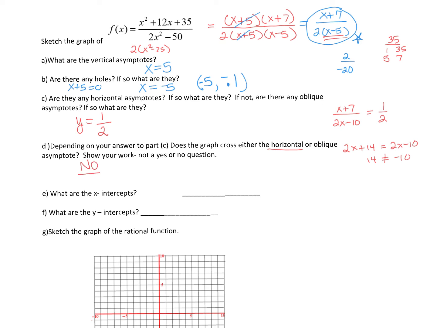So the answer is no, it does not cross. For our x-intercept, we'll set the function equal to 0. And we'll get x equals negative 7. For the y-intercepts, we'll let x equal 0, and we'll get 7 over negative 10.